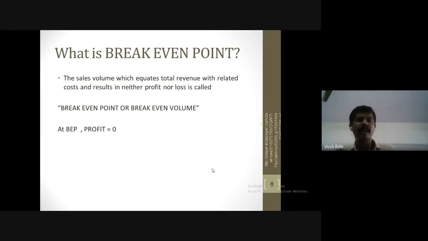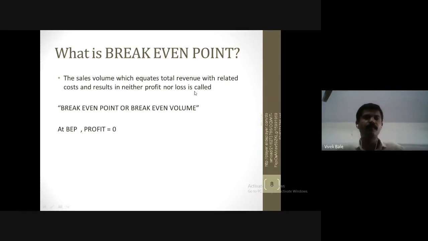It means at this point there is no profit, no loss. This is the point where the organization's total cost of manufacturing a product is equal to the total sales of that particular product. Therefore, at the break-even point, the profit is equal to 0, and there is no profit, no loss.